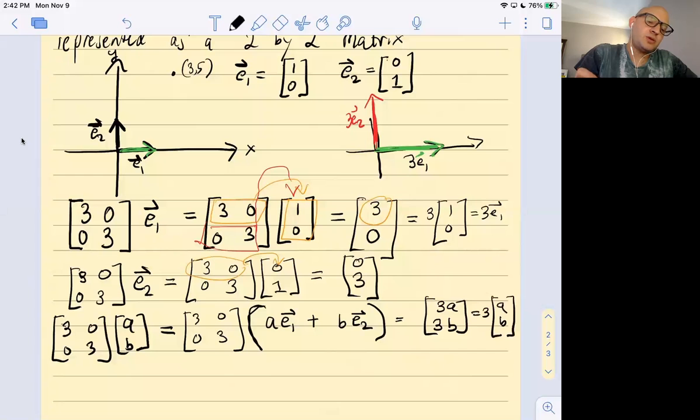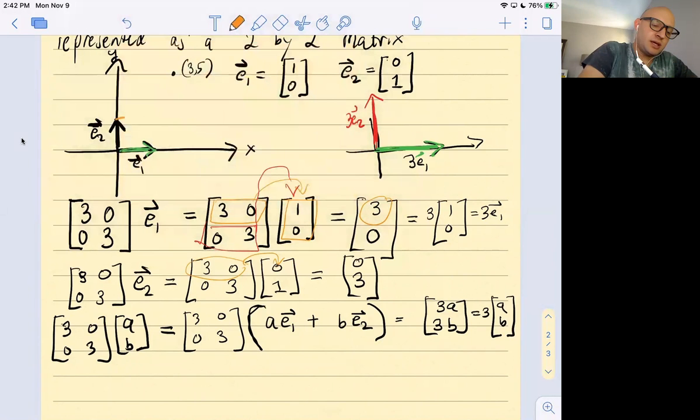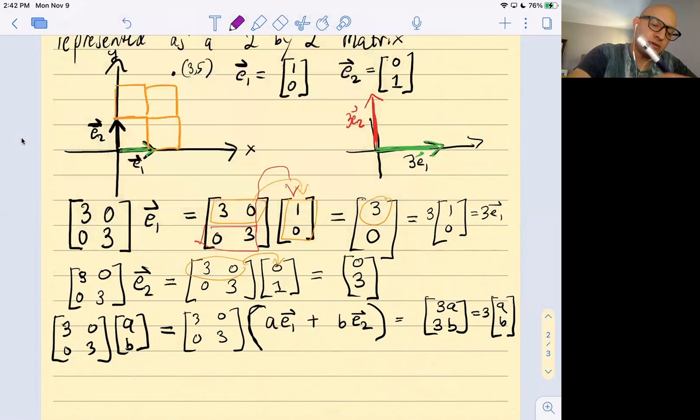Okay, so what do we observe here? What this matrix does is we have our original grid. And to understand what the transformation does, we just need to understand how the fundamental parallelogram, the one that we get from E1 and E2 as our edges, how does that shape change?